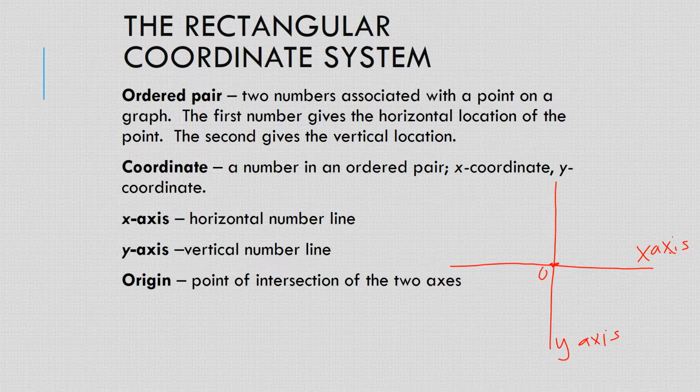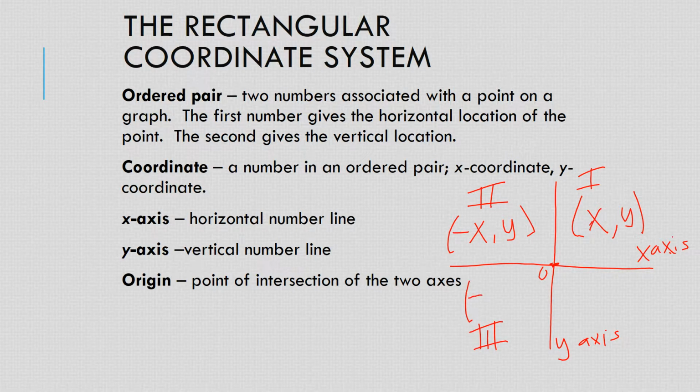In quadrant 1, our coordinates are positive x's and positive y's. In quadrant 2, our coordinates are negative x values and positive y values. In quadrant 3, our coordinates are negative x values and negative y values.